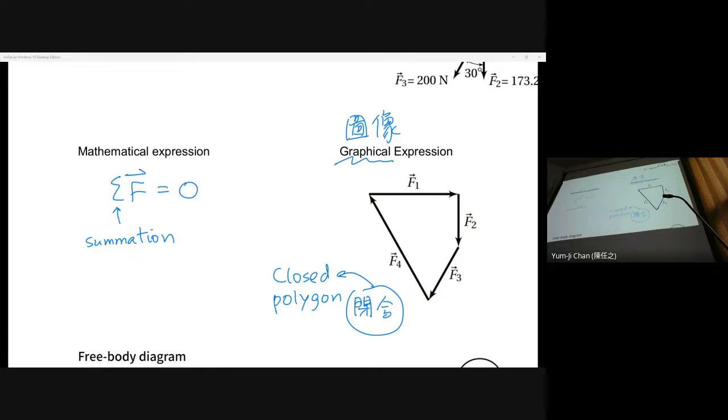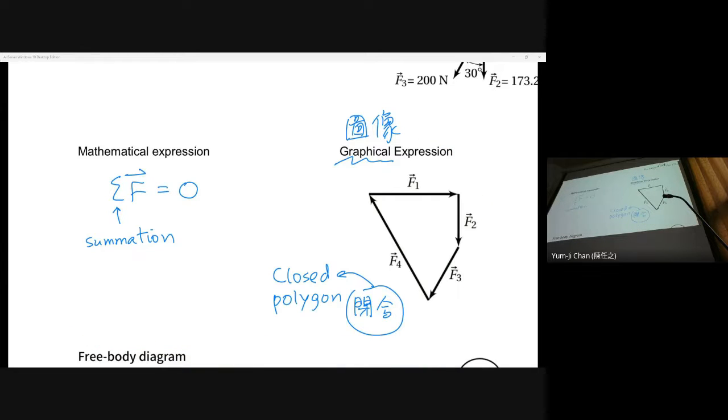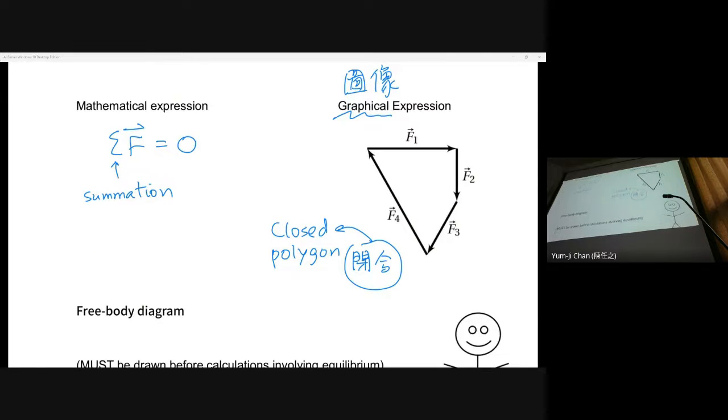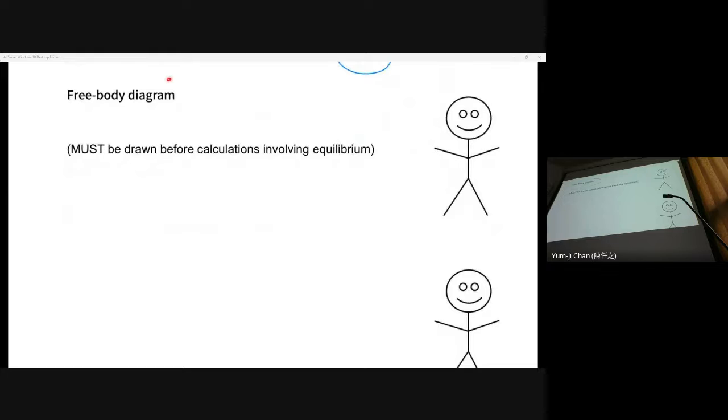Now, this one is for Newton's first law. I think you have learned this in high school. And the next thing is also learned in high school, but it is more important in statics. So this is a free body diagram.